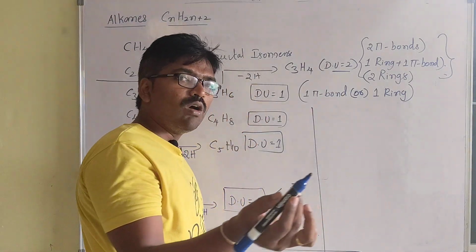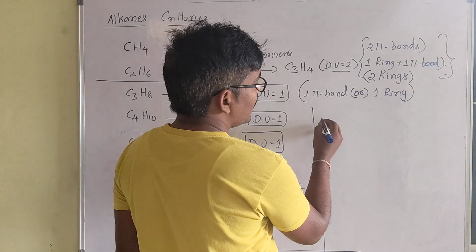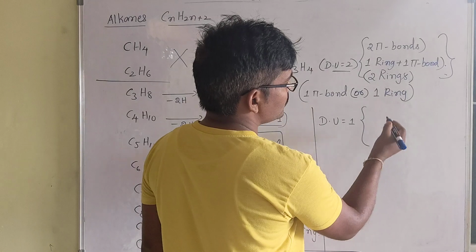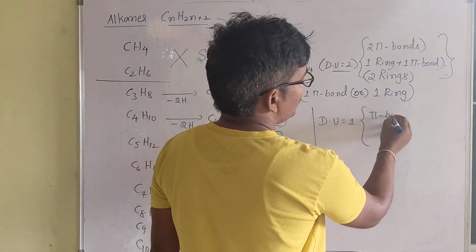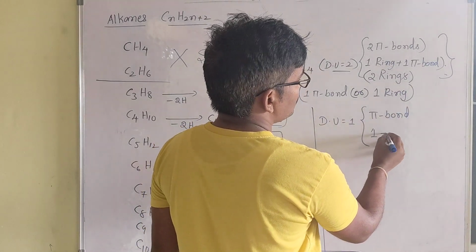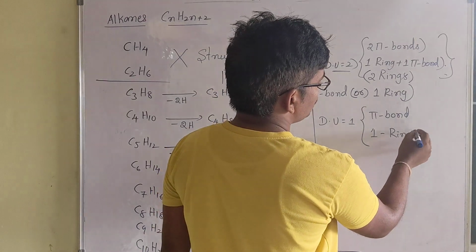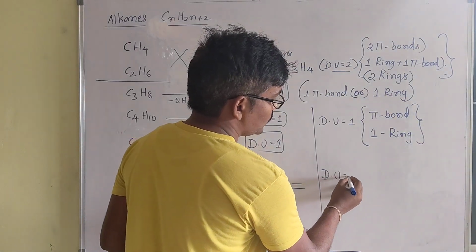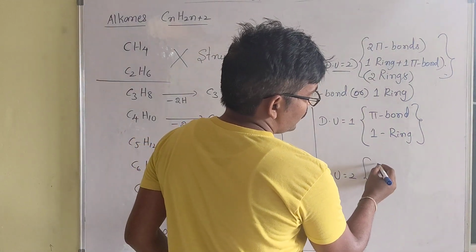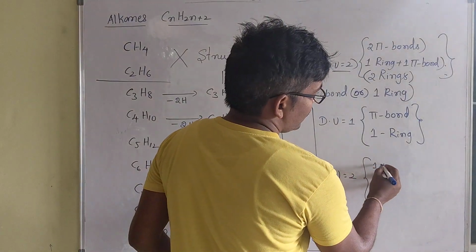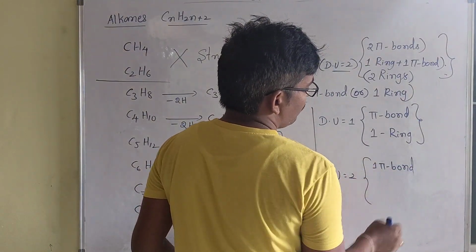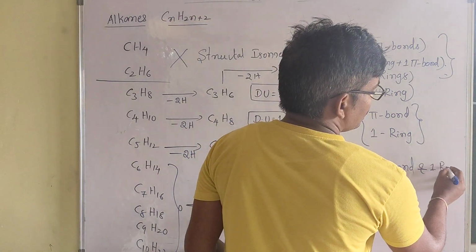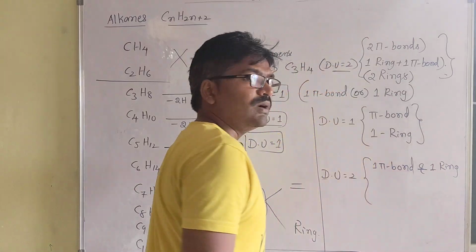Here is one point you have to understand: in case degree of unsaturation is equal to 1, 1 pi bond is possible, 1 ring is also possible. Then in case degree of unsaturation is equal to 2, then 1 pi bond and 1 ring are possible.